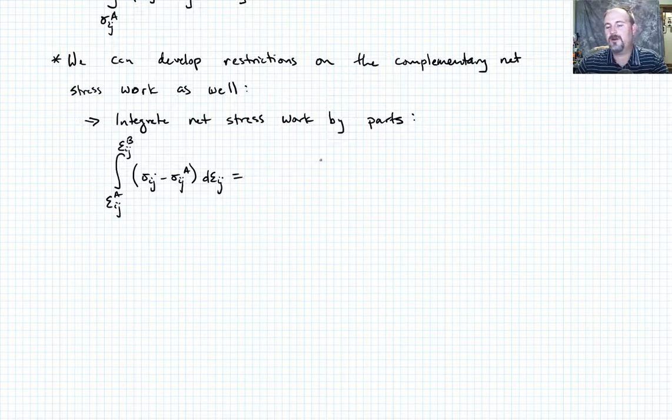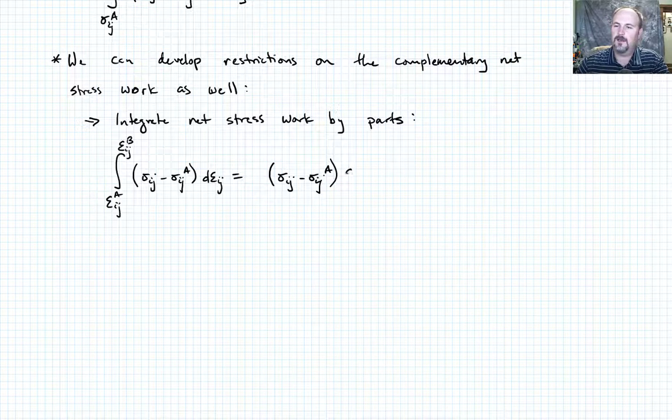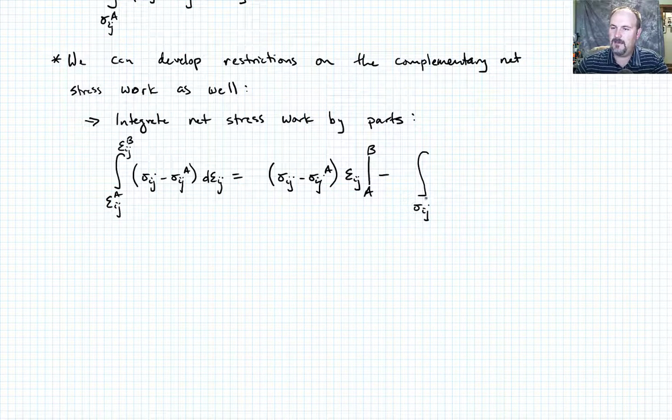If we integrate that by parts, then we would write sigma ij minus sigma ij a times epsilon ij evaluated at points a and b, minus the integral now from sigma ij a to sigma ij b of epsilon ij, and of course the differential of this, the constant goes away, and we're just left with d sigma ij.